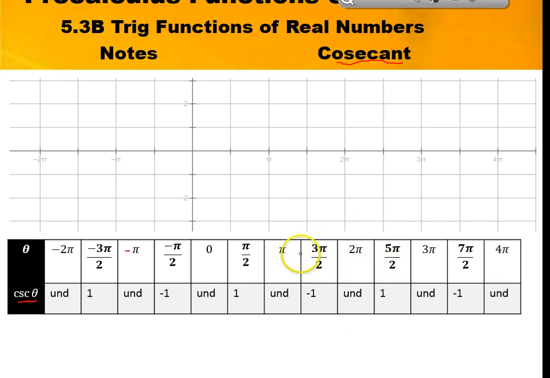You don't always have to do that. I'm just going to do it this one time just so that you guys see how it works. But as a rule, you don't really have to draw these asymptotes. But I would have asymptotes here at all of the whole pi's.